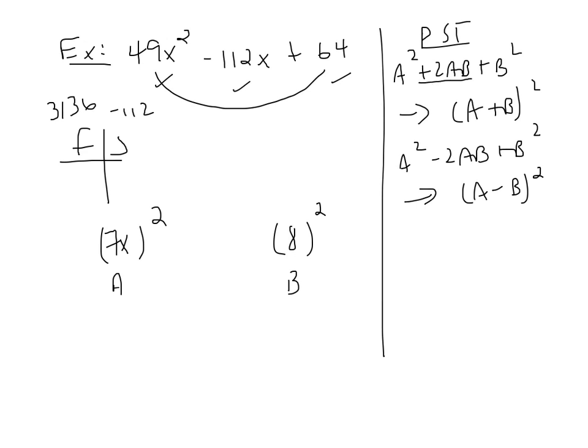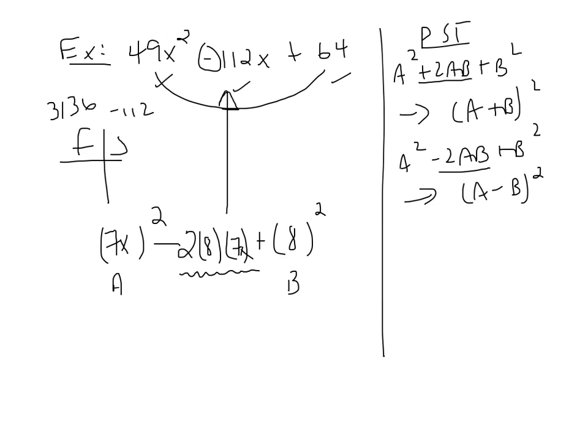We now need to see if we either have plus 2 times ab or minus 2 times ab. Well, we can pick which sign we want by using the sign of the middle term here. So if it's plus, it's plus. If it's minus, it's minus. And all we need to do is fill in a and b right here and here, and see if what we get when we multiply these three things out matches what's right here.